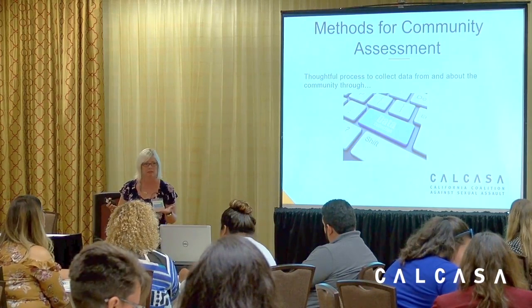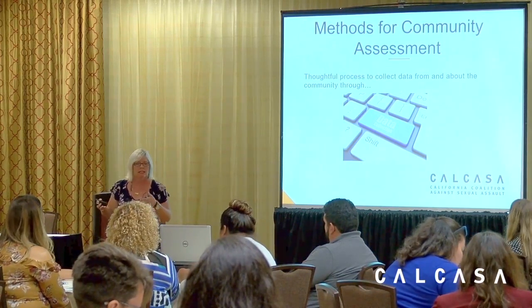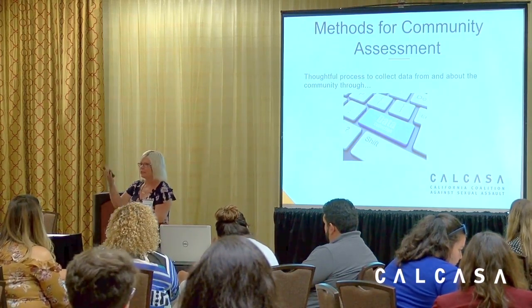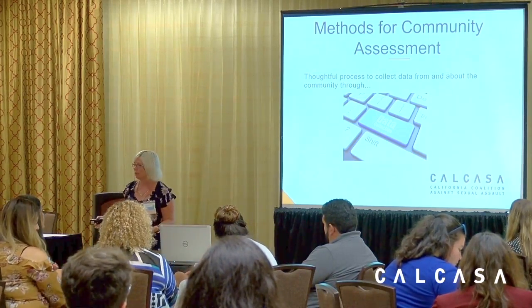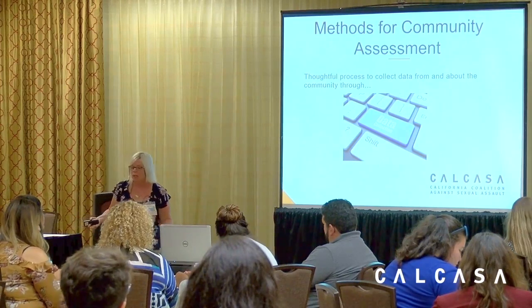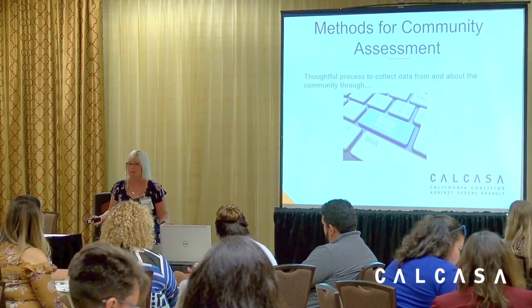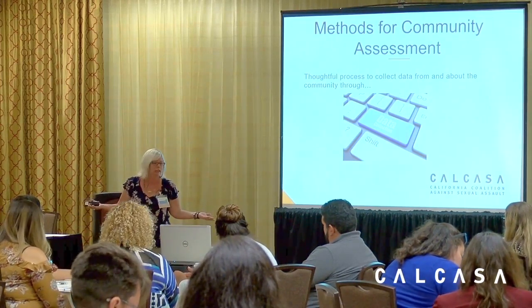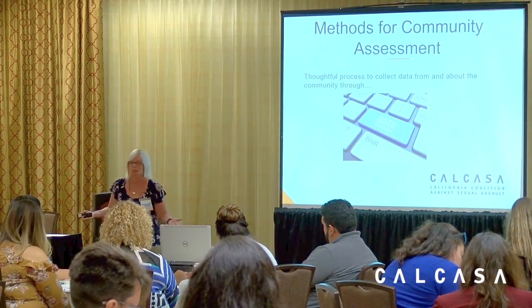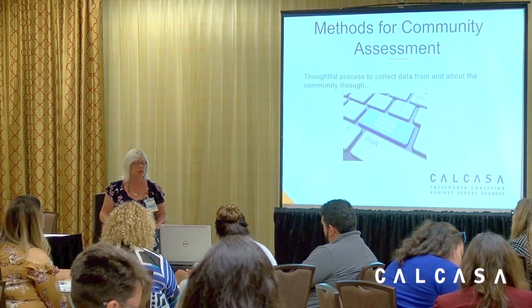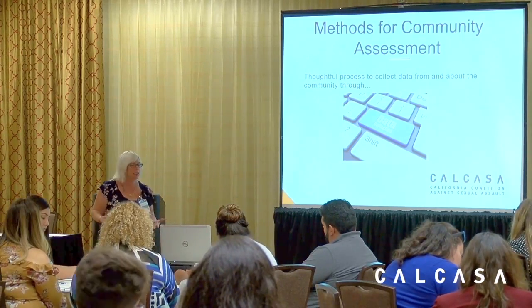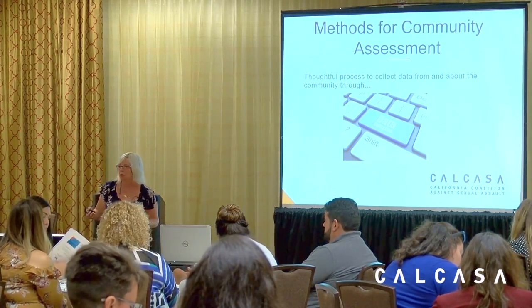We might survey them through paper surveys, SurveyMonkey, focus groups, maybe individual interviews with some of the students who are leaders on campus, both traditional and non-traditional leaders. But we also want to collect data about the community.